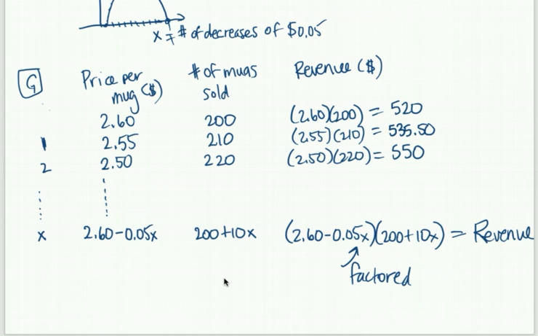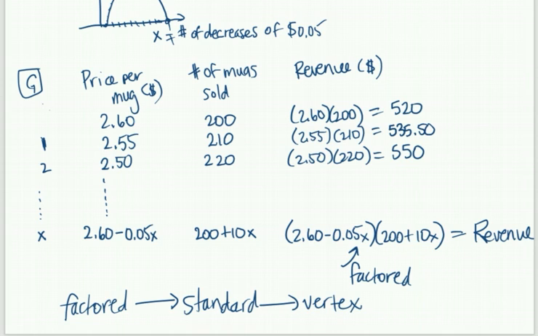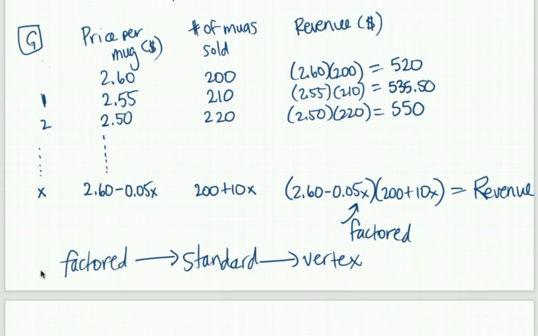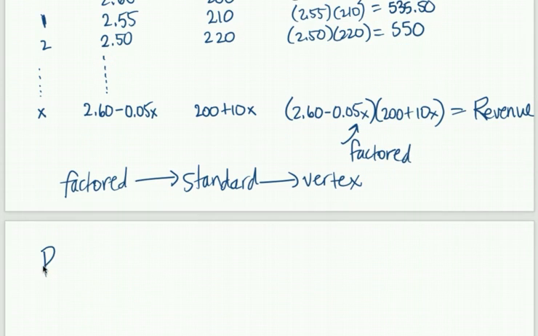But how do we do that? We can get it to standard form first, and from standard form, we go to vertex form. So we have it in factored form, go to standard form, then go to vertex form, then find the maximum. Let's just do that here. I'm going to reverse it.